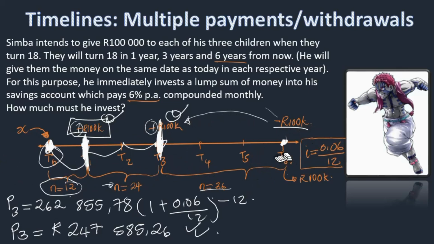So I moved from here, calculated backwards for 36 months up until here, took this amount, added 100k, calculated backwards and got here. That's my P3, the final principal amount, which means today this person must have 247,585.26, so that he'll be able to give his kids 100k at these time intervals. Beautiful, isn't it? Very beautiful.